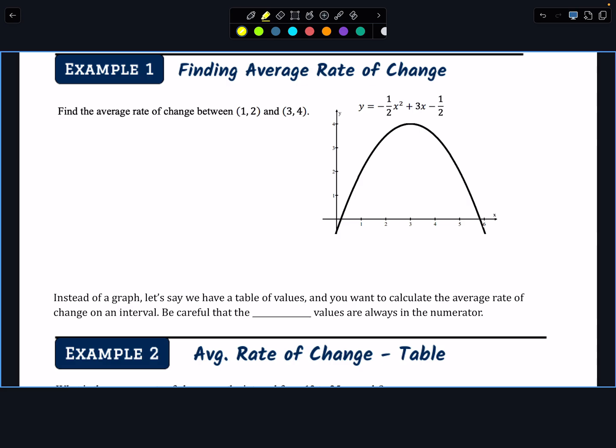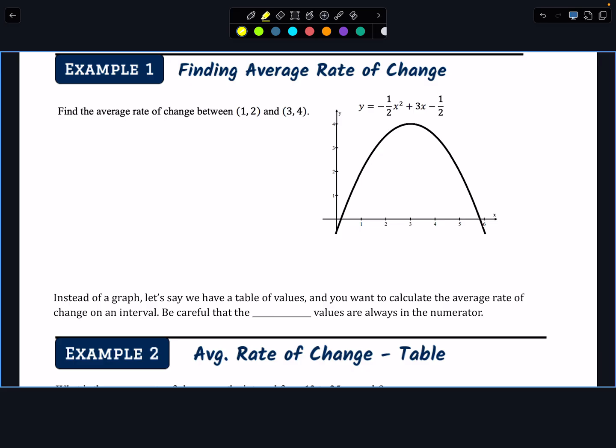They actually did the hard part for you. A lot of times you're going to have to figure out what the y value is by plugging it in. And because you're AP, there are fractions in this equation, and they're going to expect you to be able to do this by hand. If I plug in 1, I get 2. If I plug in 3, I get 4. I checked it to make sure, and yes, those are the points.